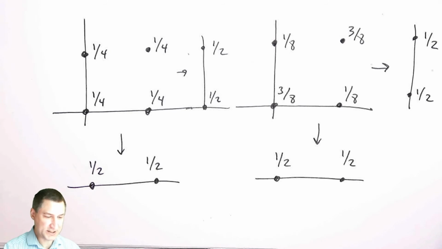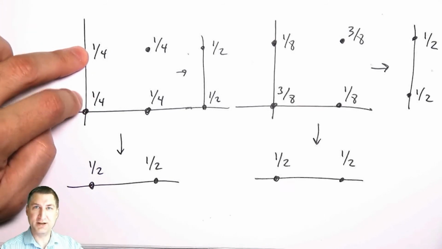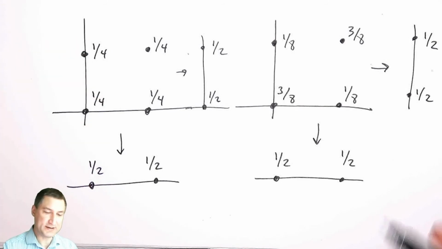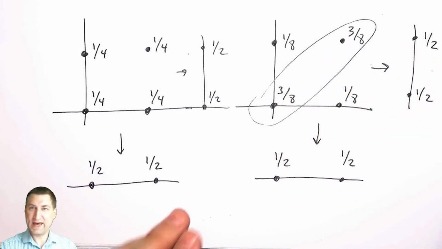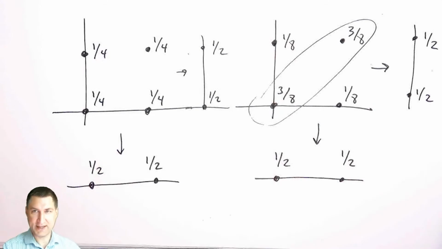In this situation, basically all the outcomes are equally likely. In this situation, it's more likely that X and Y have the same value and less likely that they have different values. So just telling you about the marginals is not enough for you to know anything about the joint, and that's an important idea.